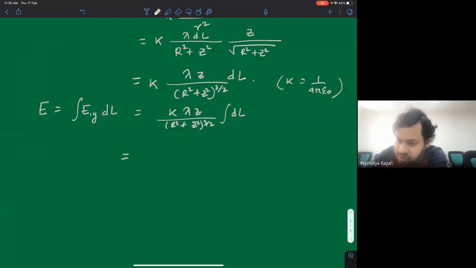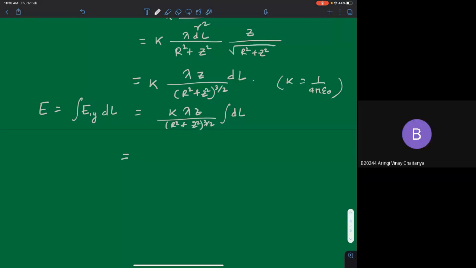What is integration over dl? I'm integrating over the length of a ring of radius r. What do I get? 2 pi r.